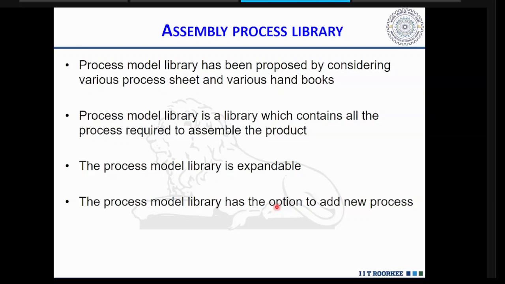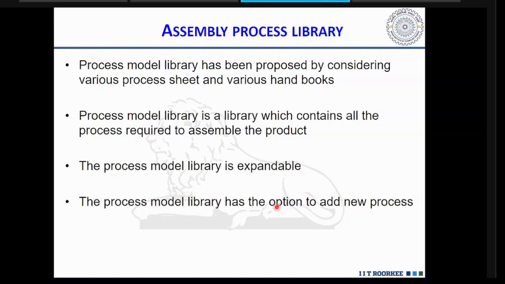We have referred to various process sheets and various handbooks, and we have developed this library, which contains all the processes required to assemble the product. We have kept some provisions so that the process model library is expandable, in case we have missed something, or some new process comes in future, somebody can add it.